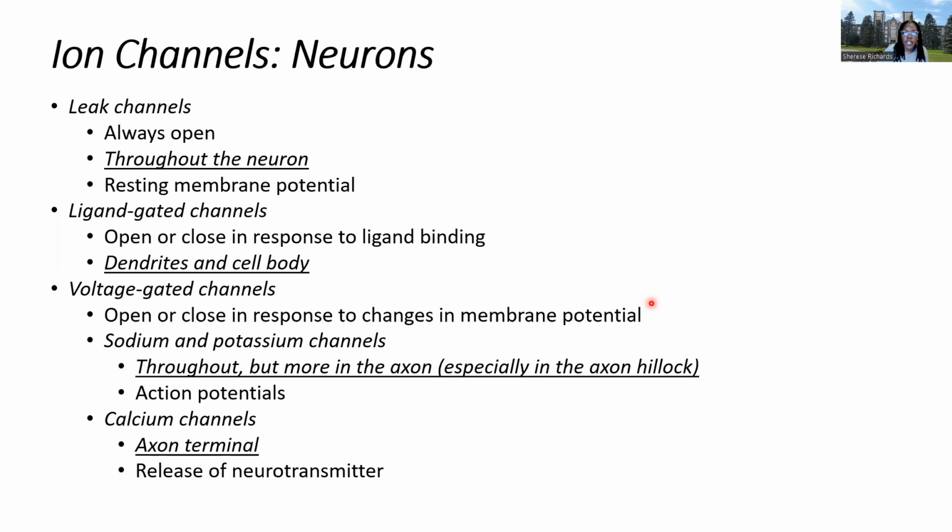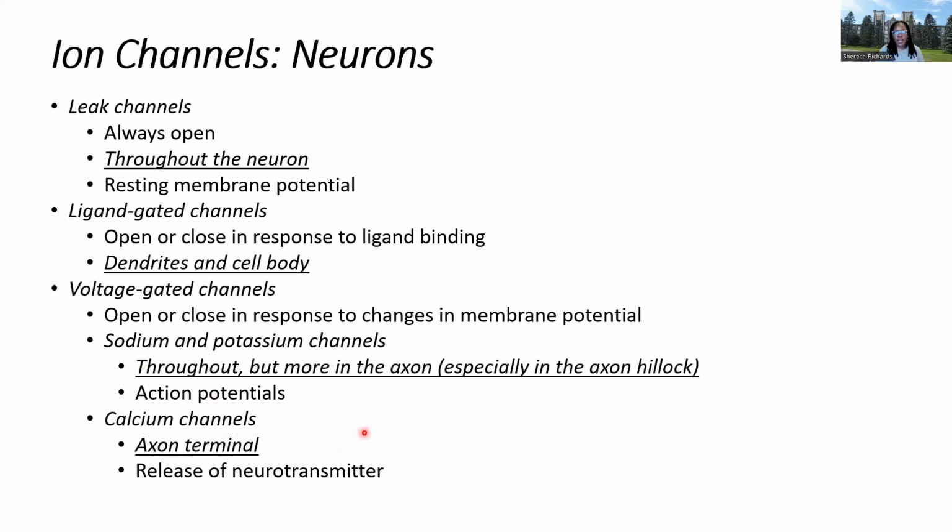They would open up at -55, and that's when we would fire the action potential. Voltage-gated channels are sodium or potassium. They're throughout the neuron, but more concentrated along the axon and even more so along the axon hillock, and they contribute to the action potential.